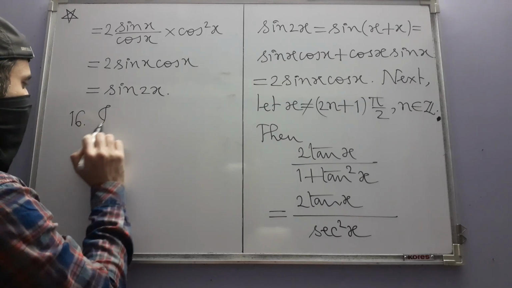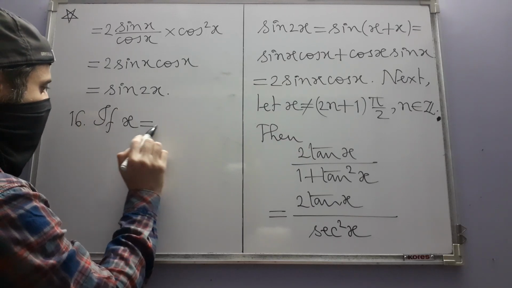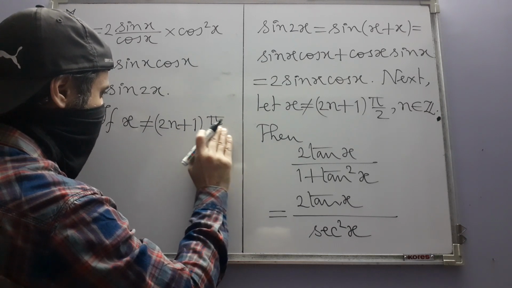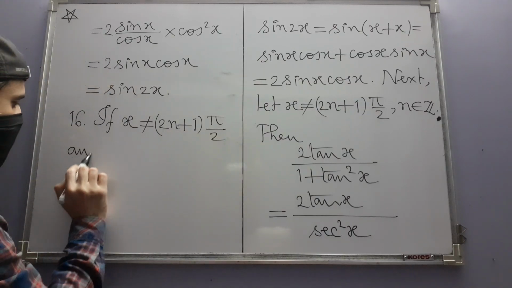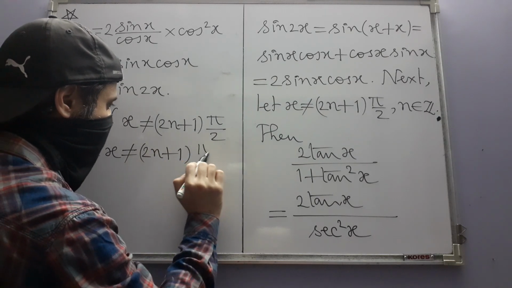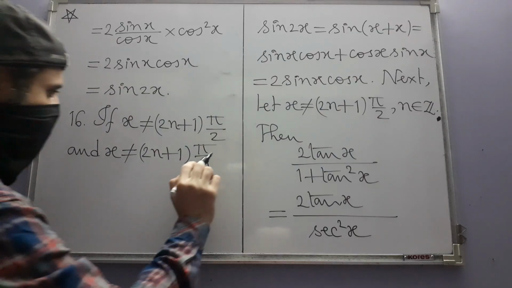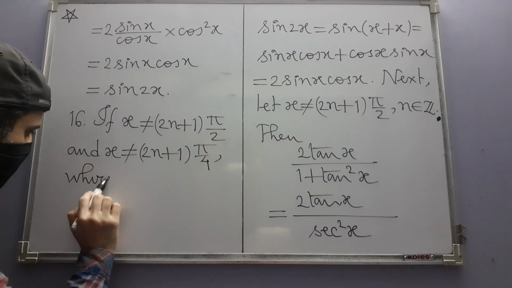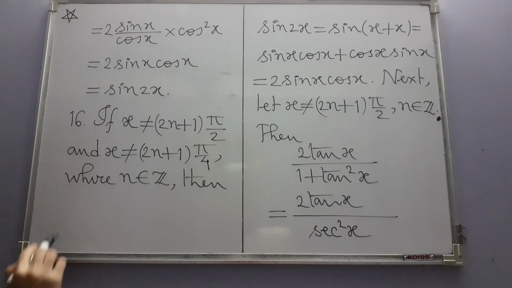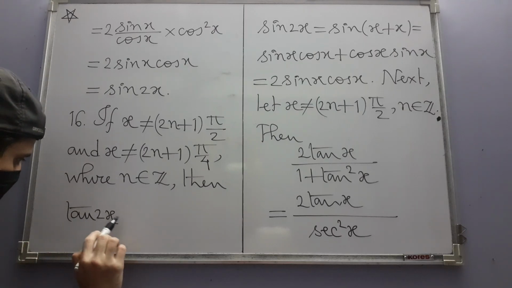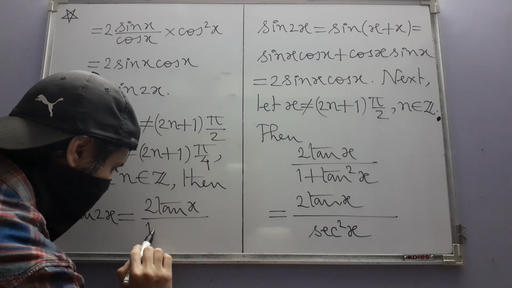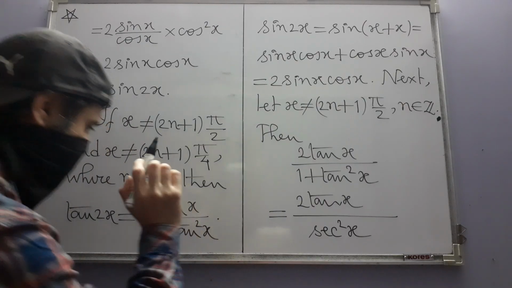If x is not equal to this, and this time x is also not equal to this, where n is an integer, then tan 2x is 2 tan x divided by 1 minus tan square x.